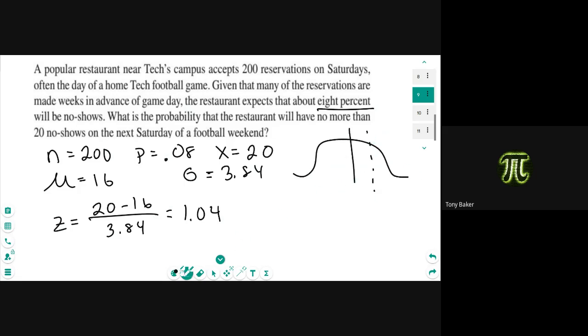And we're looking above that, right? We want more than 20. So look up 1.04 on your Z table. So 0.8508. I wanted more than that, so I'm going to subtract.